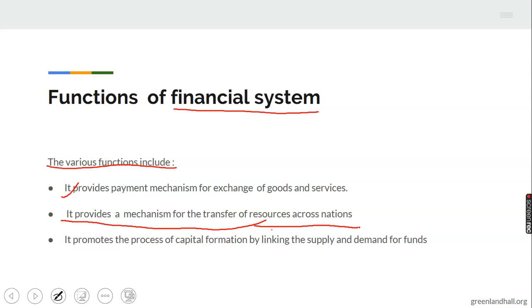For example, it is possible to transfer capital from a location where it is sufficient to a location where it is required but is insufficient.